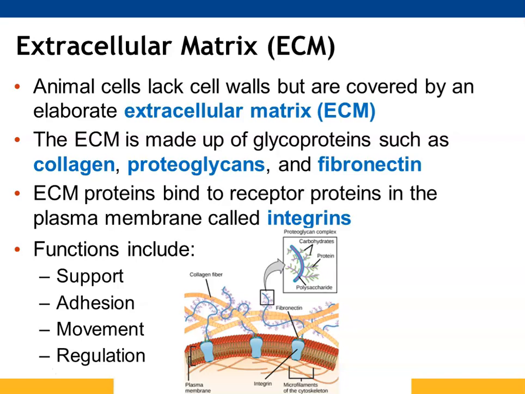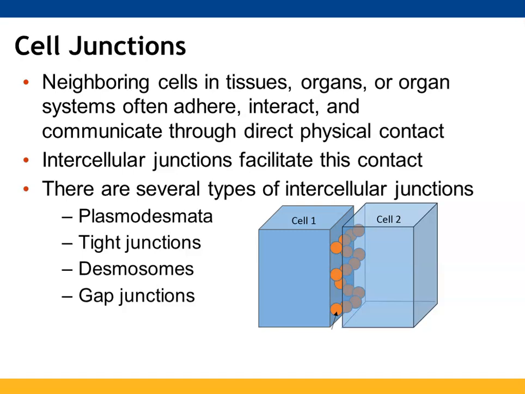So when you have connections between that matrix that's right outside of the cell and the cell membrane, it's those proteins that help to connect the two together. The matrix is able to help with support, regulating, movement, and adhesion, sticking to one another.